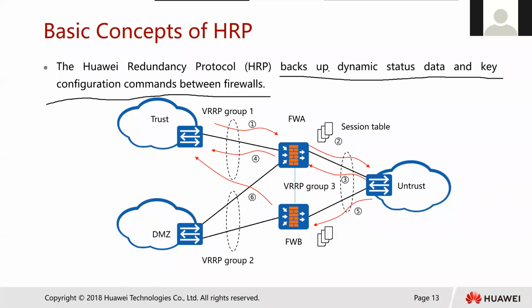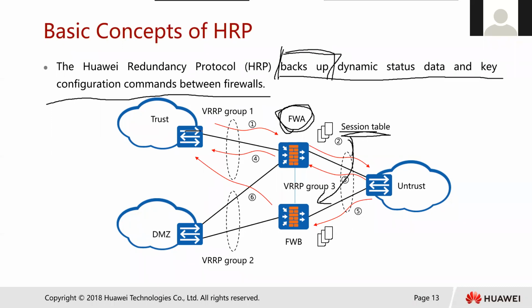For example, if firewall A has some session table, it can back it up to firewall B. As we talked about a few minutes ago, VRRP. So what are the disadvantages in firewalls?